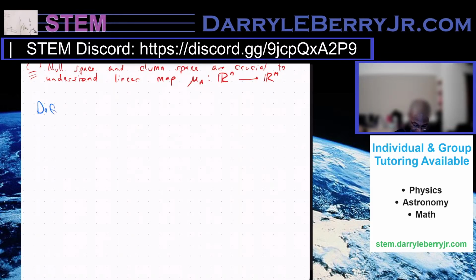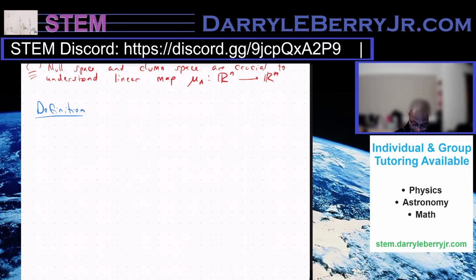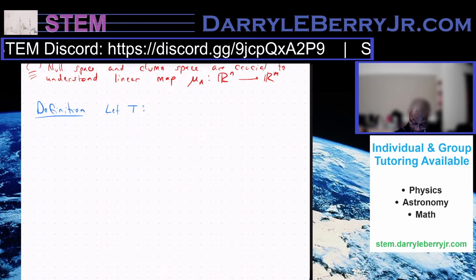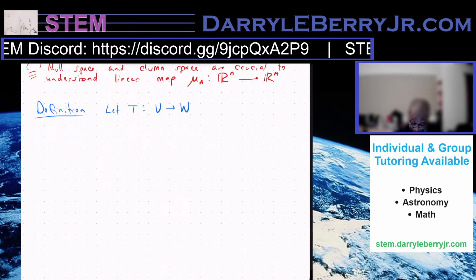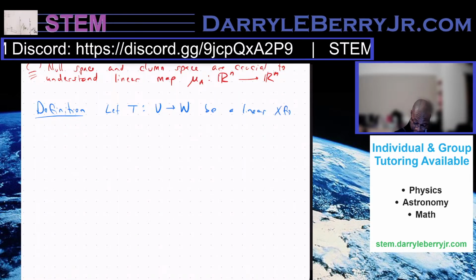Definition. Let T from V to W be a linear transformation.